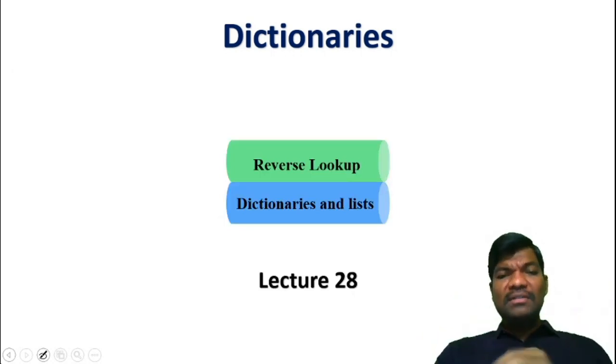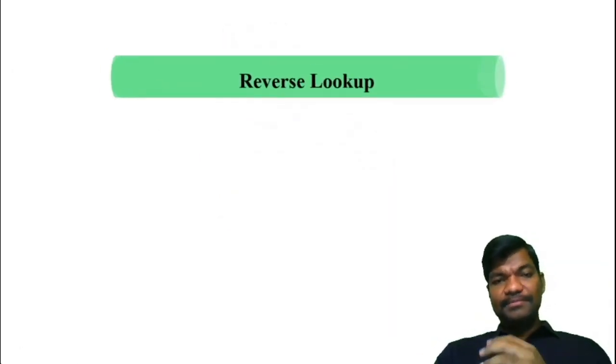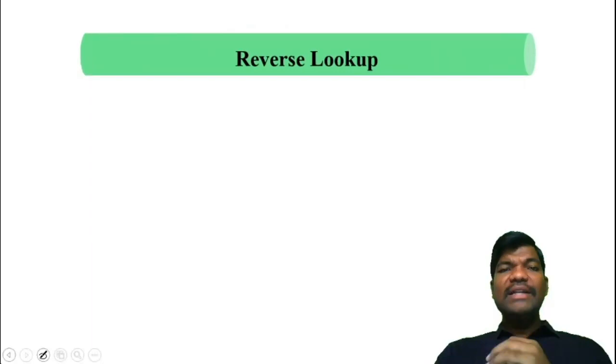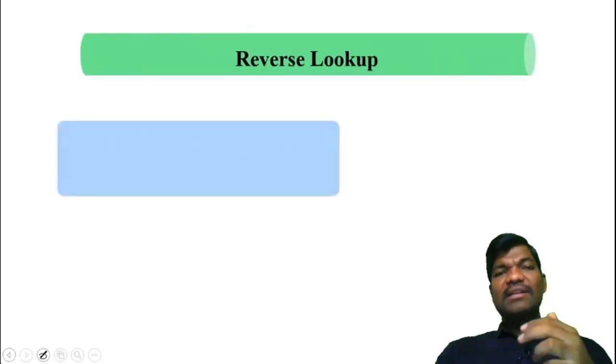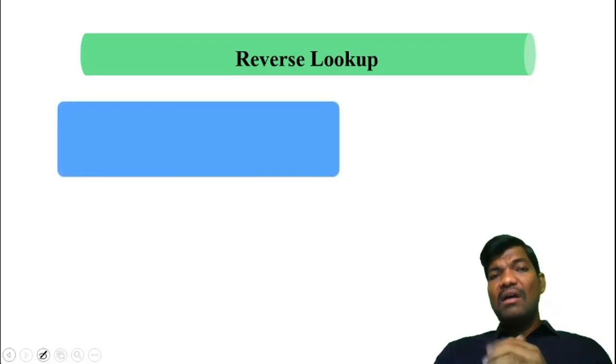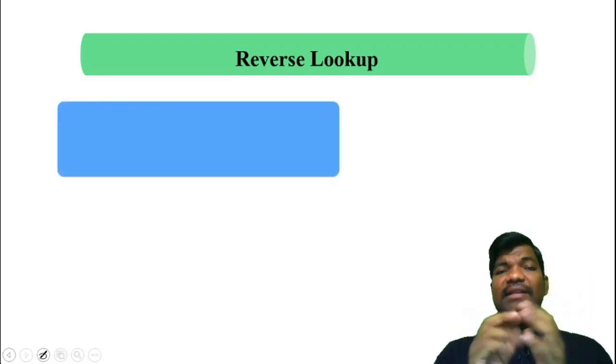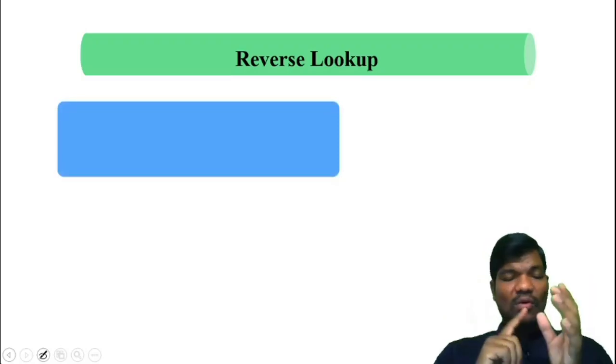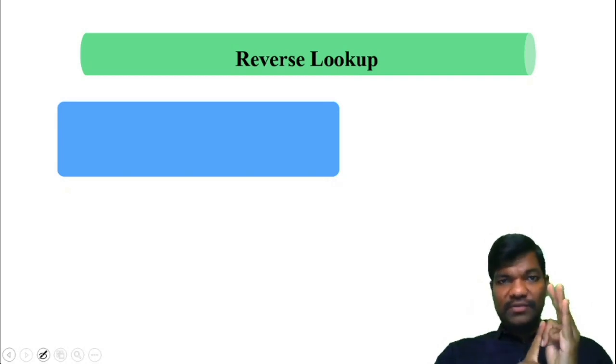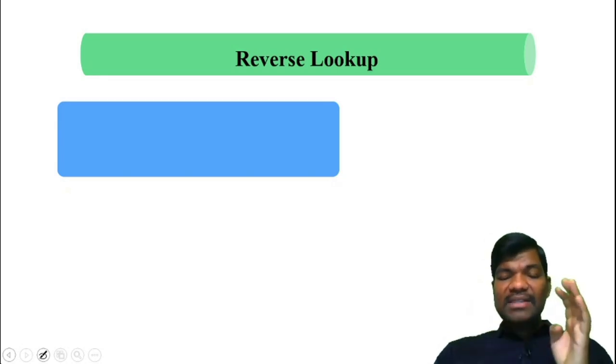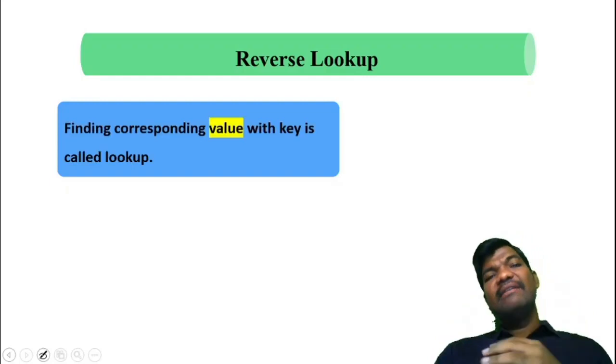Coming to the first one, reverse lookup. First of all, what is meant by lookup? We need to know that. In the dictionary, lookup means we know that a dictionary contains two things, key and values, right? Based on the key, you are finding the value.